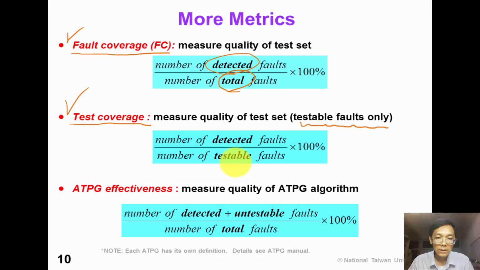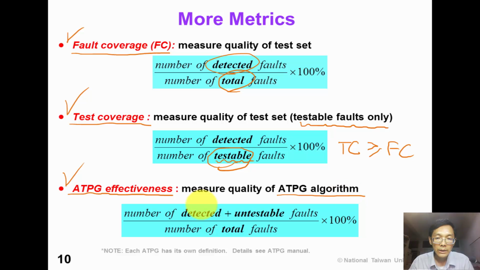So in the denominator, now we have only testable faults. As you can see, the number of test coverage must be greater or equal to fault coverage. And the third metric is ATPG effectiveness, which measures the quality of our ATPG program.